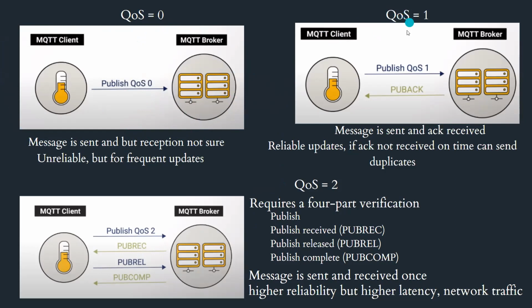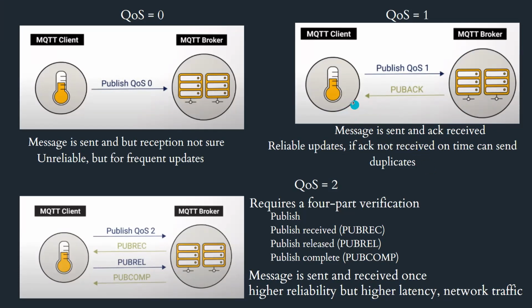For QoS level 1, we have an acknowledgement message specifically defined. In this QoS level 1 communication scenario, we send the message to the MQTT broker as usual. We have to consider different situations here. Once the packet is received by the MQTT broker, the broker will send an acknowledgement message back to the client.